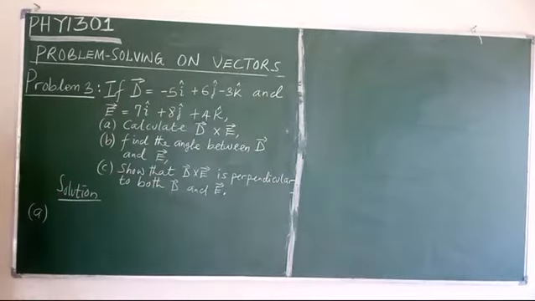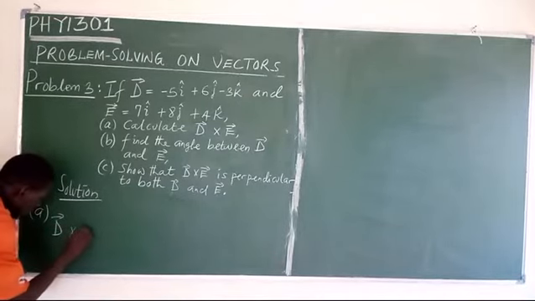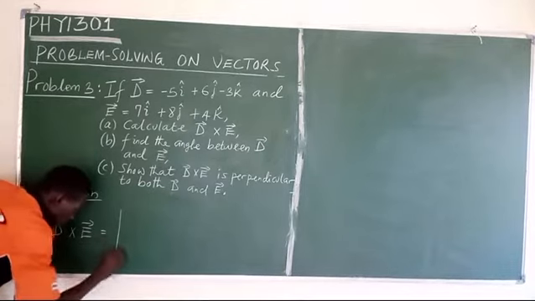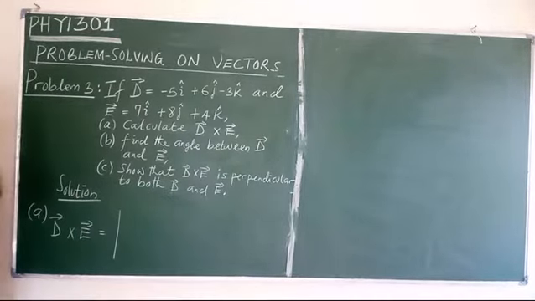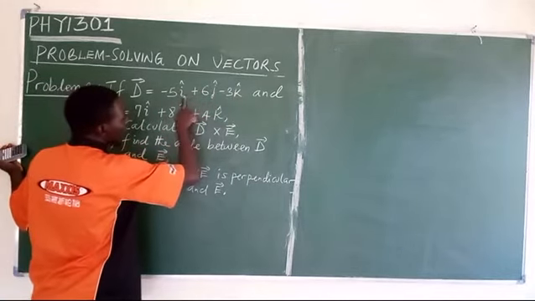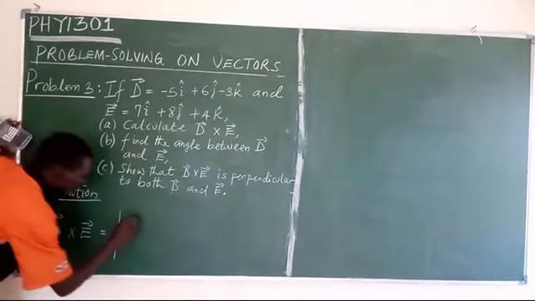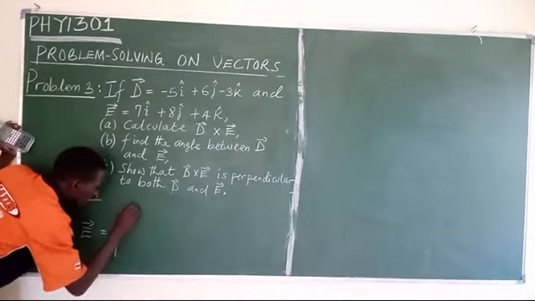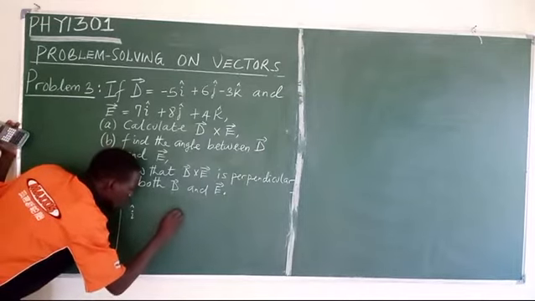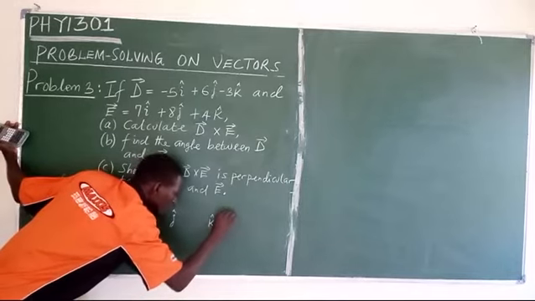Okay, vector D cross vector E is equal to, we open a bracket, then we take the i hat, j hat, and k hat. We write it in this way, i, and then we have the j here, and then we have the k here.